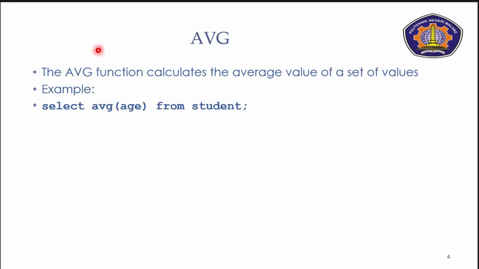For example, if we want to calculate the average, we use the average function, AVG. This function is specially for calculating the average value of a set of values. We must write it like this: select, then AVG, then the attribute name, and from, and this one is the table name.